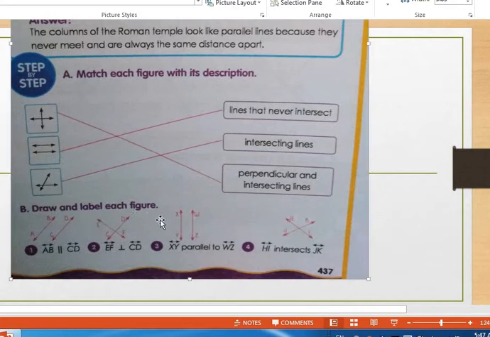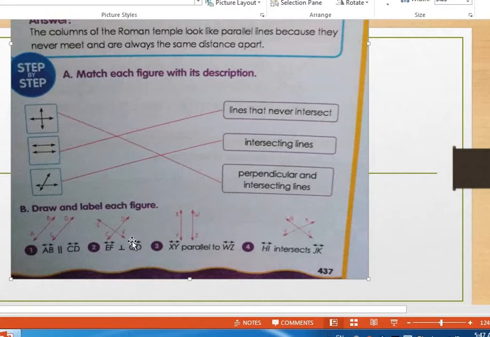Draw and label each figure. I have here line AB parallel to line CD. I want you to draw this at home. They are opposite to each other, they never intersect, and they have the same distance between any points in front of each other. So here EF perpendicular to CD.